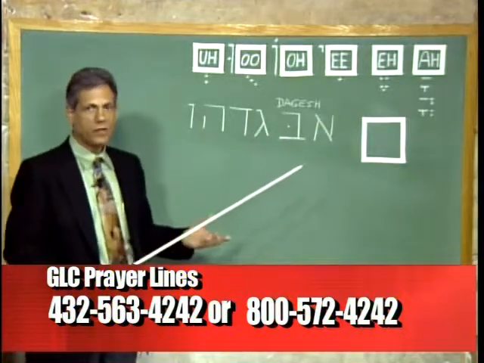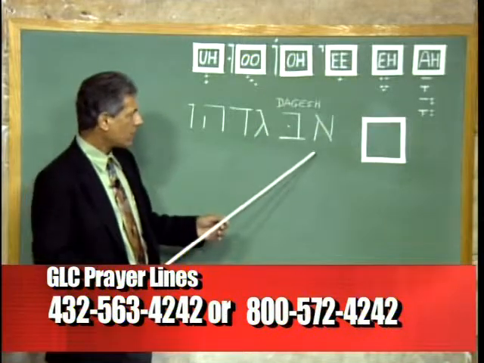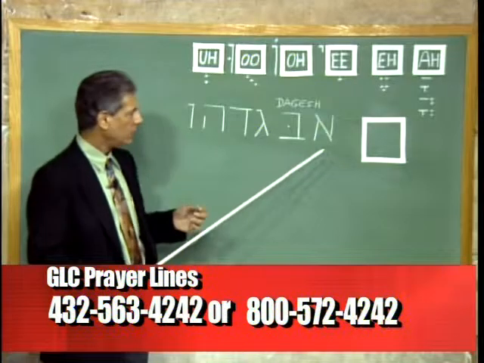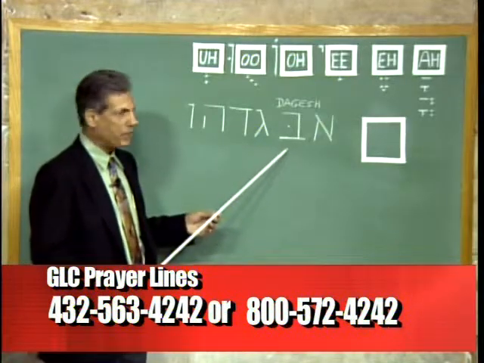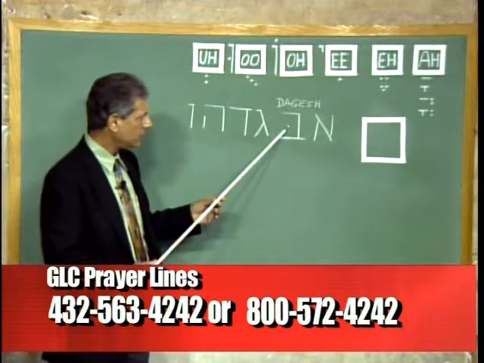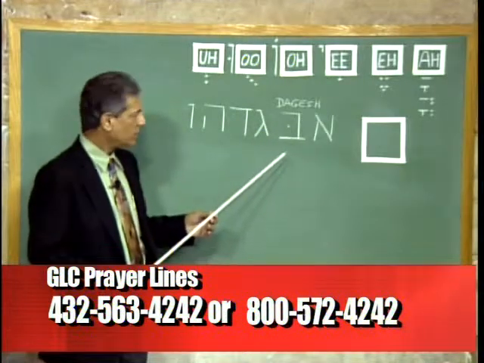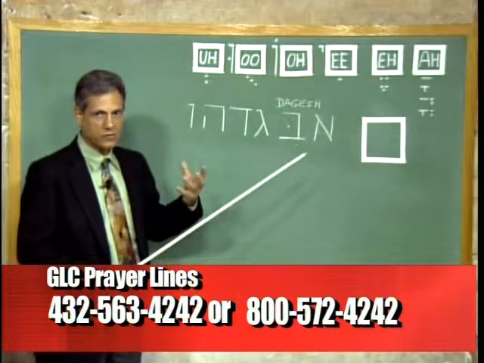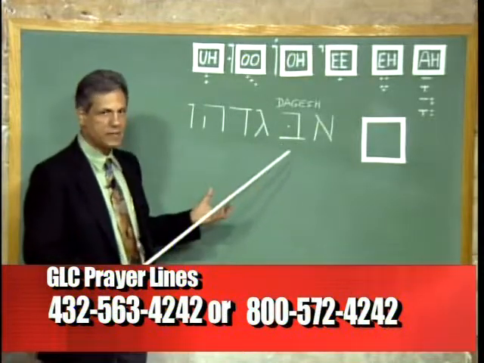The letters that we learned so far are the Aleph, numerical value 1. We have the letter Bet, and we mentioned that the letter Bet with a dot in the middle, the dot makes the letter Bet strong, and it becomes a B sound.